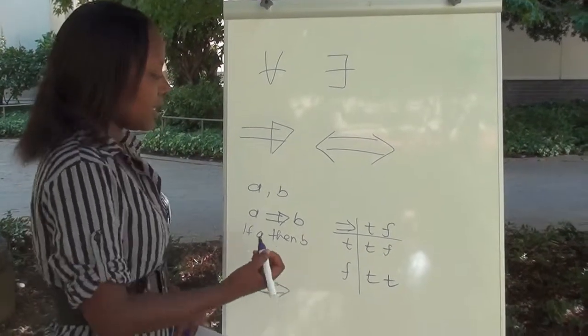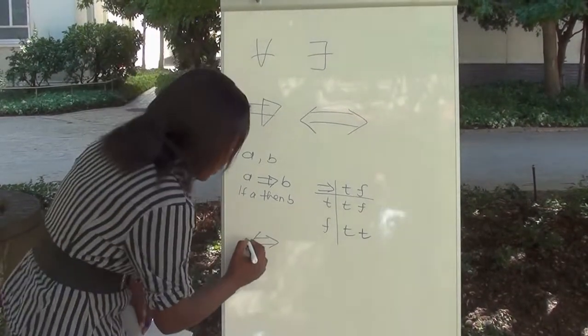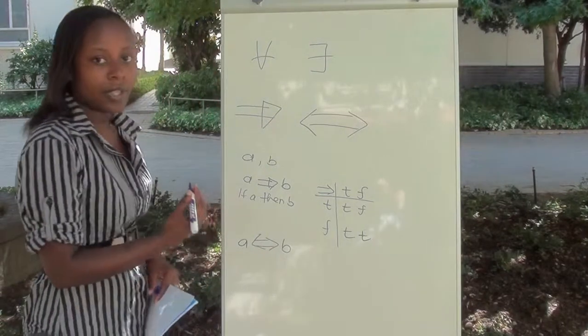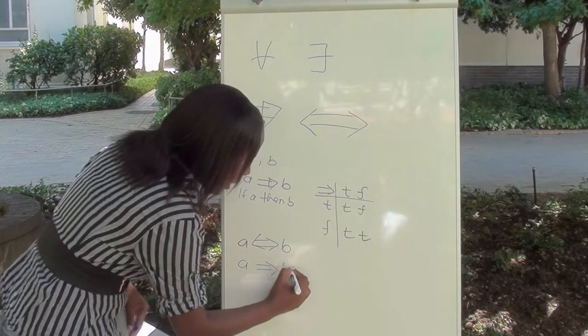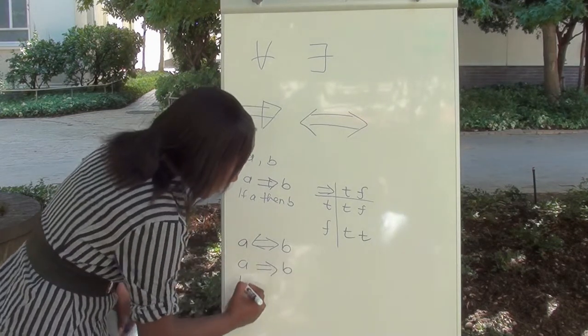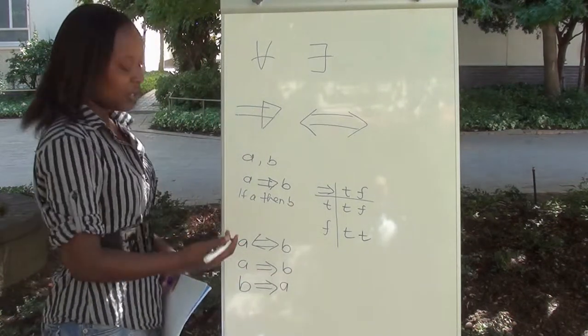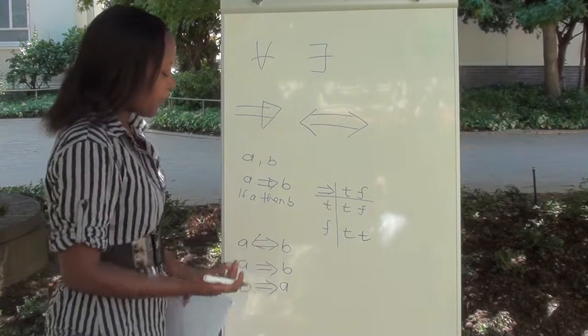Okay. Now we move to something that is this. This symbol is basically interpreted if and only if. That is, if we say A is equivalent to B, then we have A implies B, and at the same time, B implies A. As you can see, we have the double arrows there.